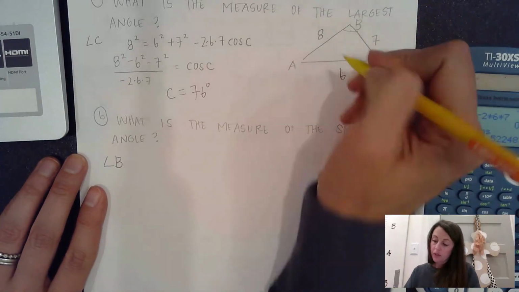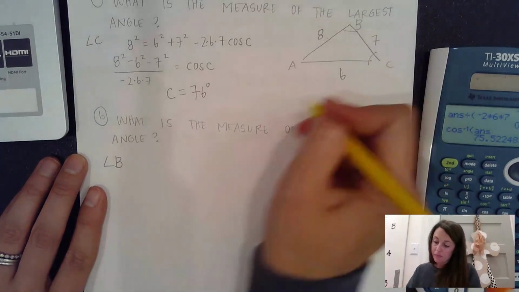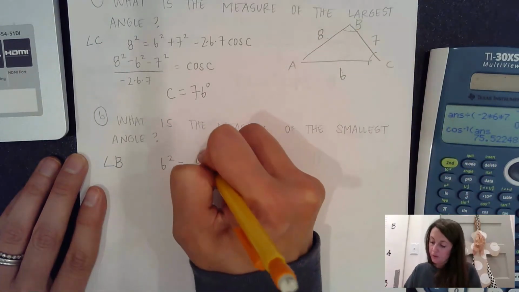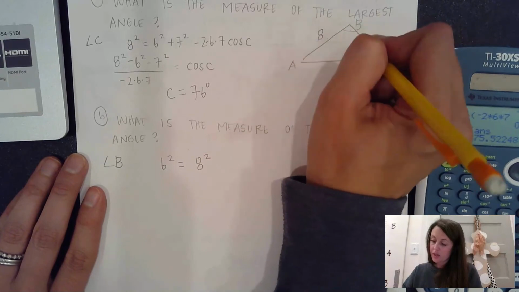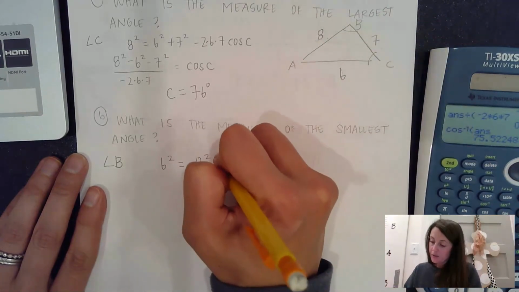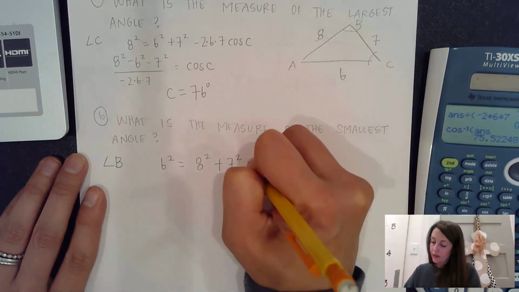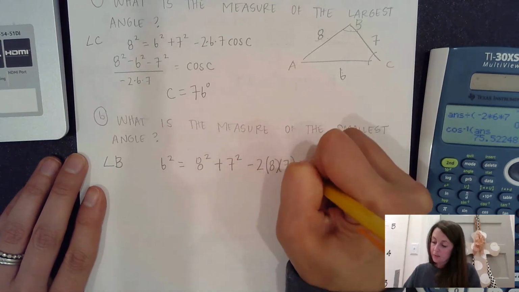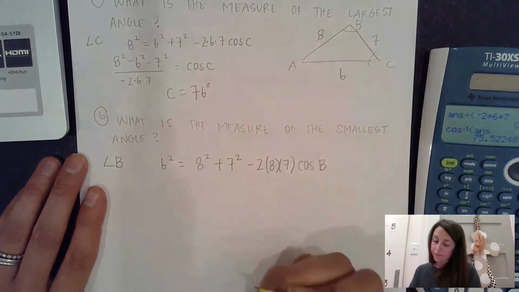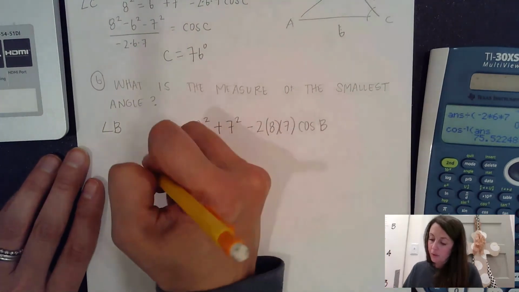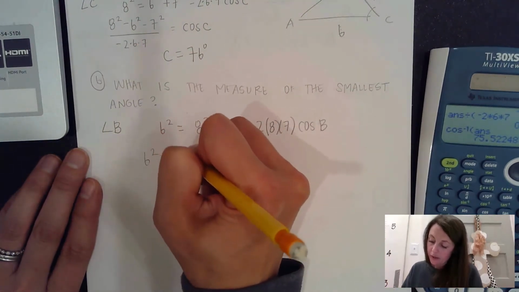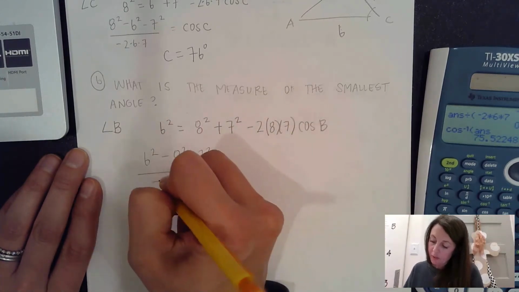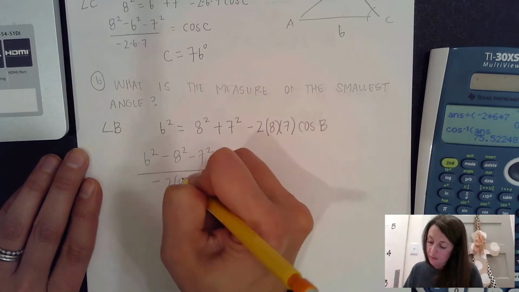So law of cosines tells me that 6 squared is going to be equal to the sides on either side of that angle, 8 squared plus 7 squared minus 2 times 8 times 7 times cosine of angle B. So we'll have 6 squared minus 8 squared minus 7 squared, and then we would divide everything by that negative 2 times 8 times 7.